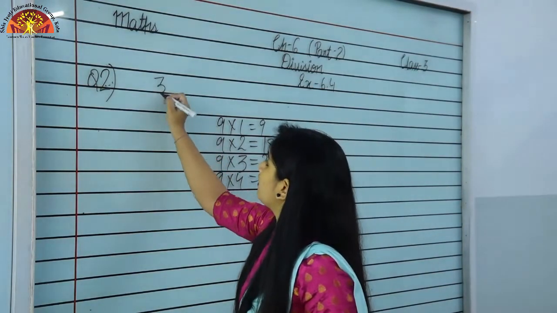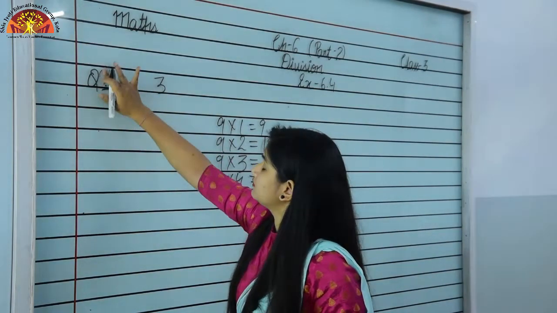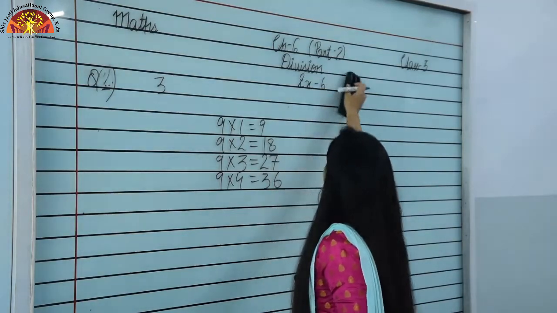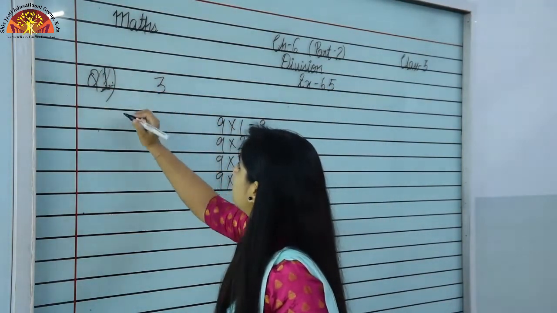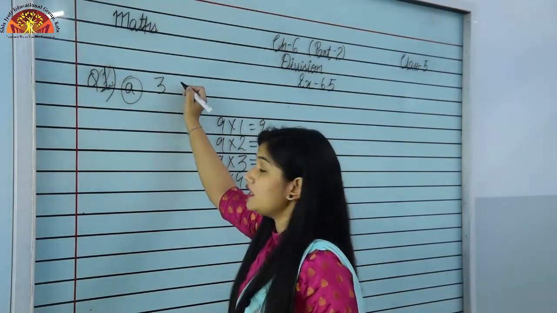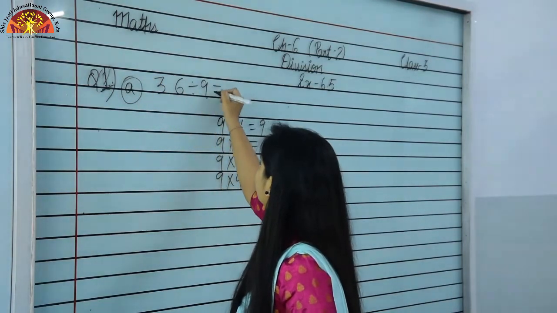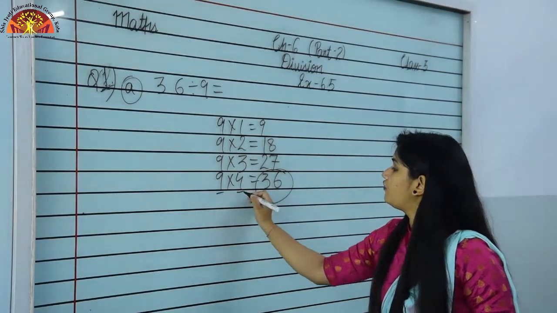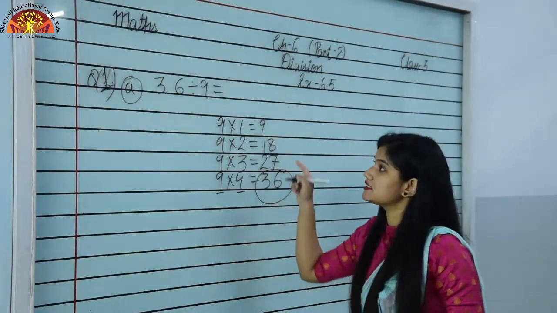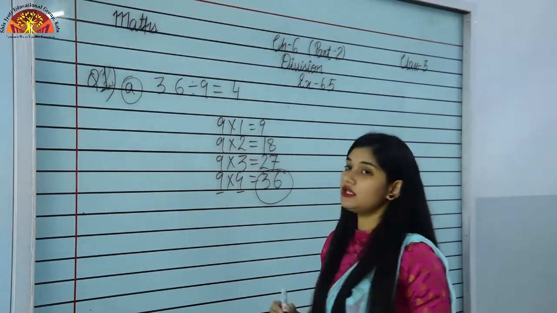So how many times are we getting 36? We are dividing. This is exercise 6.5, question number 1, and we are taking A part. If we divide 36 by 9, what will be the answer? So the answer will be 4, as 4 times we are getting 36. It means the answer will be 4.